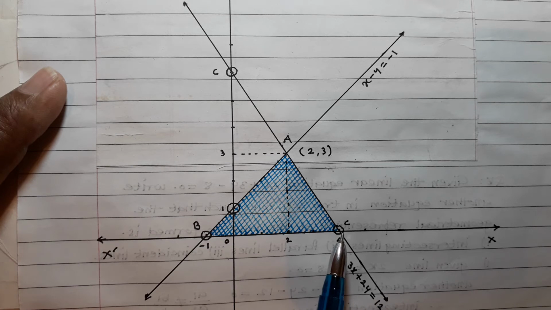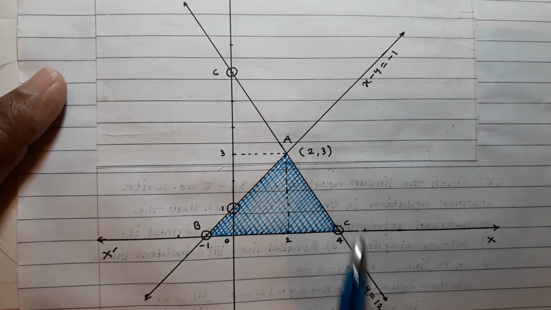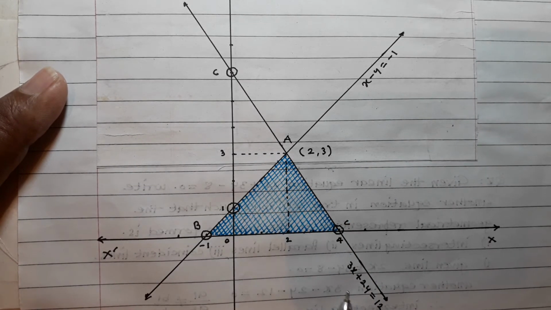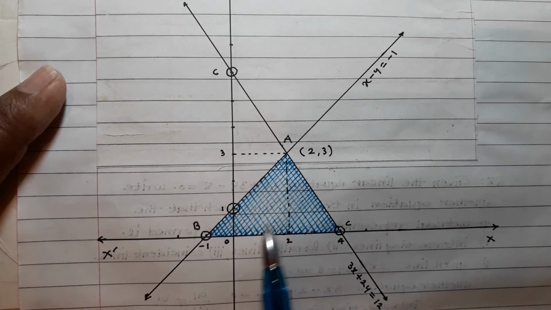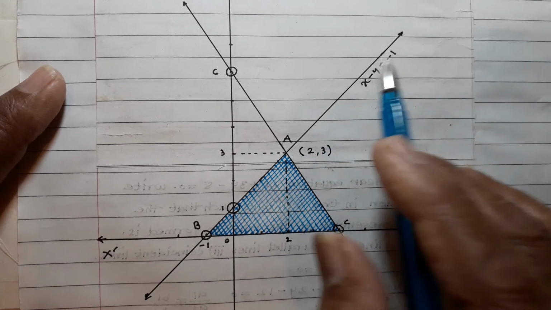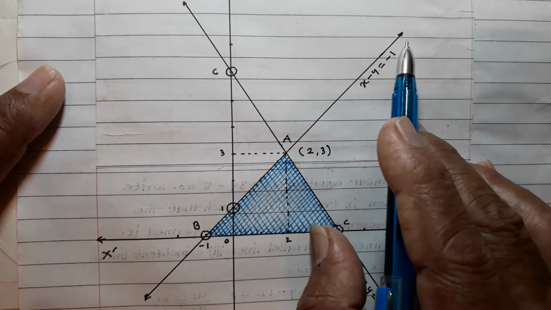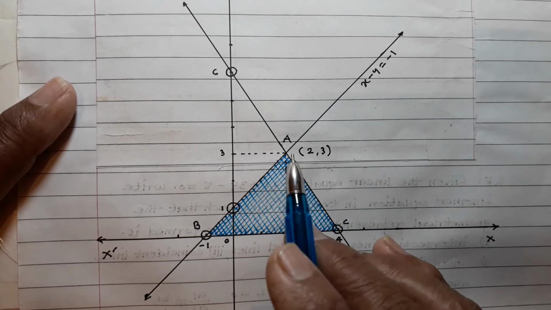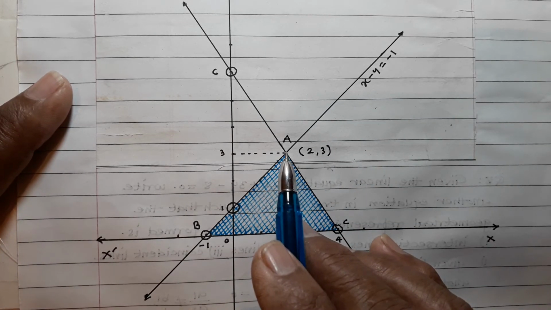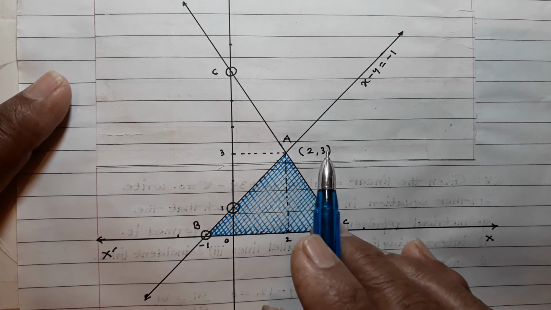So this is second point. Join this point. So this is a line, this is a graph of line 3x plus 2y is equal to 12, and this is a graph of line x minus y is equal to minus 1, intersect at point A. So this point is 2, 3.